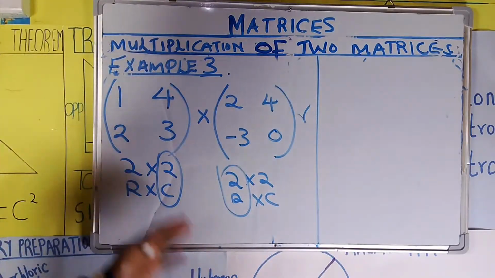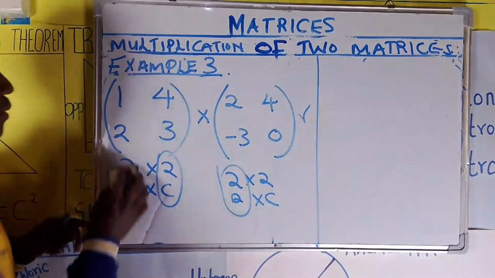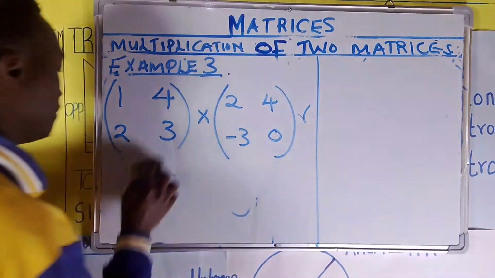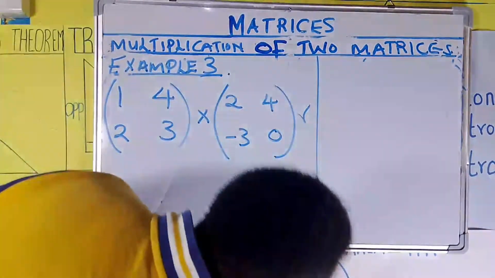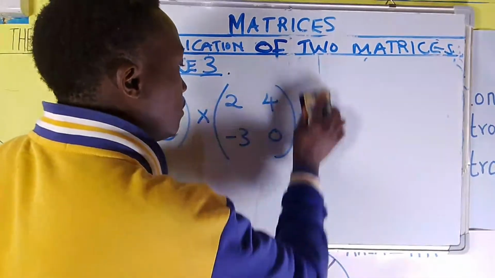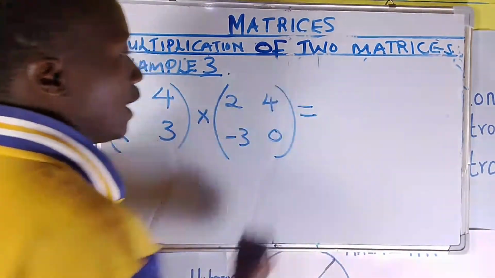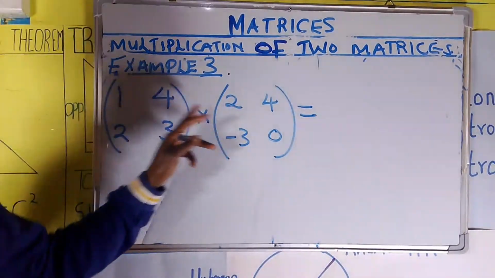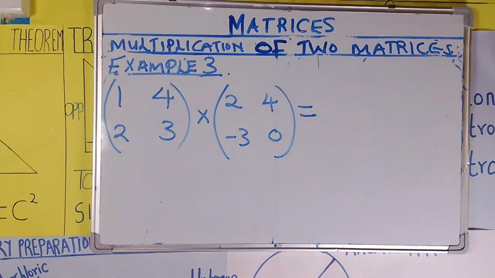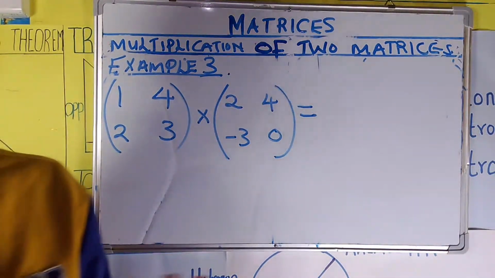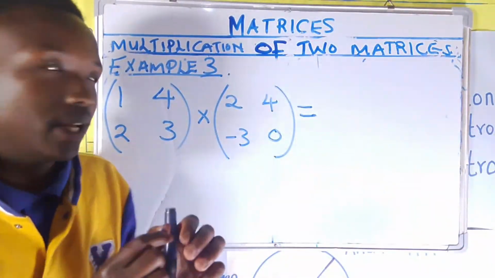So in order to multiply this matrix easily, this is how we go about it. Follow carefully here. When we multiply this matrix, let me rub here so I can put the equals sign. I don't recommend writing 1 times 2 plus 4 times 3 times negative 3 all at once, you will get lost somewhere. I prefer splitting the question into what we have already done and understood.